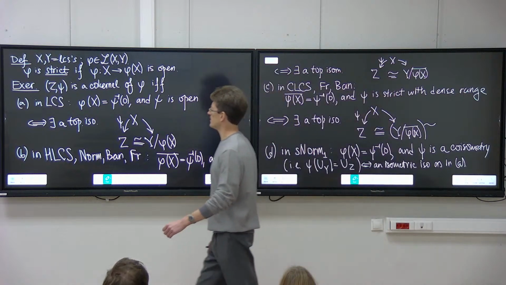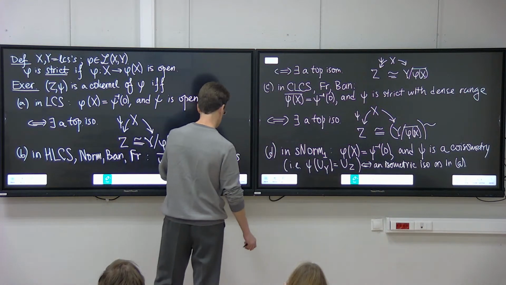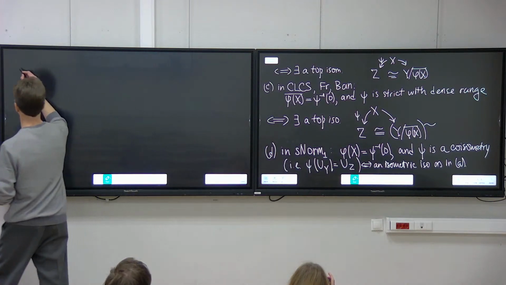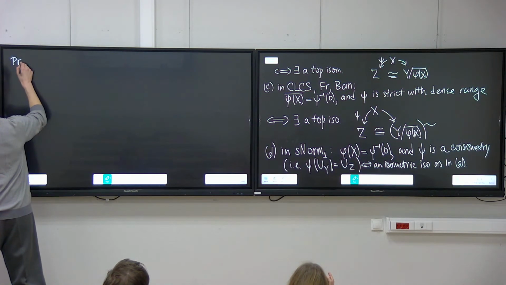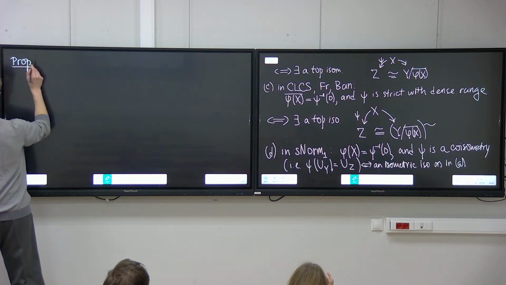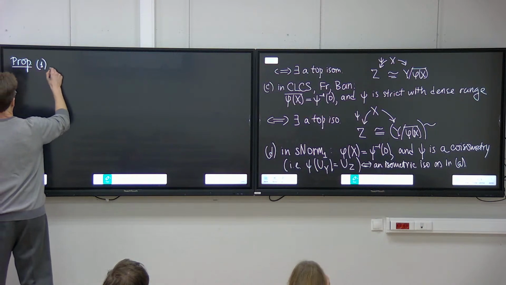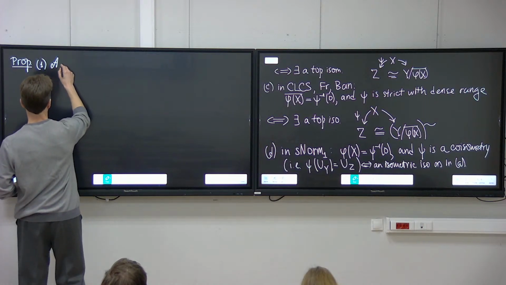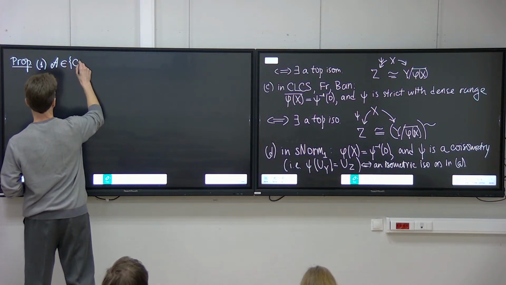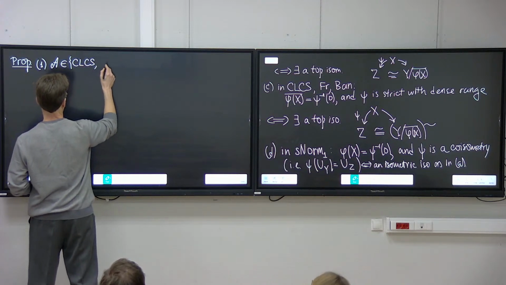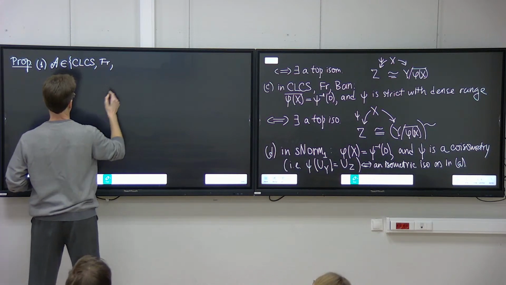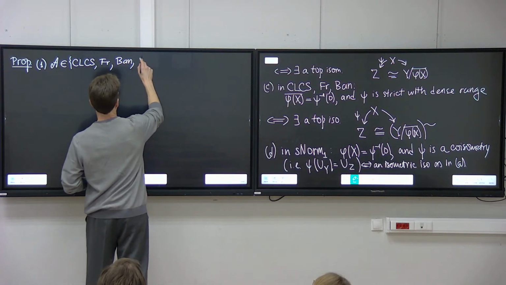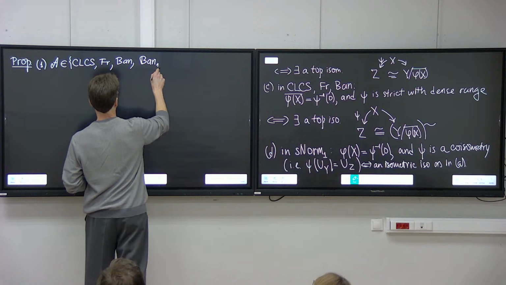Okay, so let's now come back to tensor products. So we have the following result. Proposition. Suppose that A is any of the following categories: either the category of complete locally convex spaces, or the category of Fréchet spaces, or the category of balanced spaces and linear contractions.